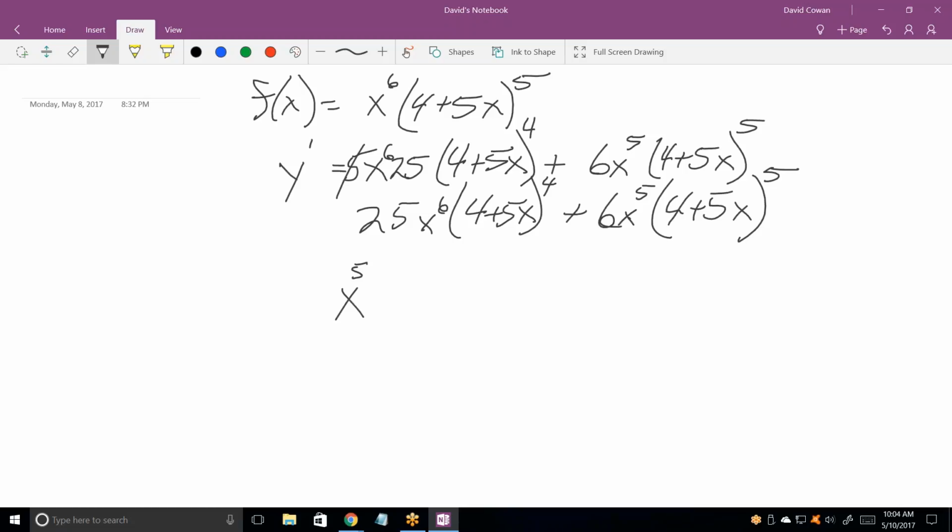Hold on, read that again. They factored out the x to the fifth: x to the fifth times 4 plus 5x to the fourth. Then all that is multiplied by 24 plus 55x. Where are they getting the 24?